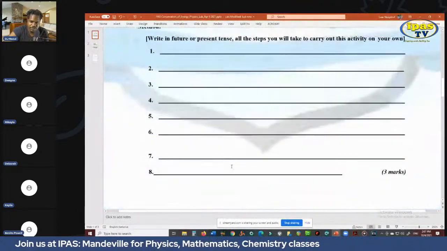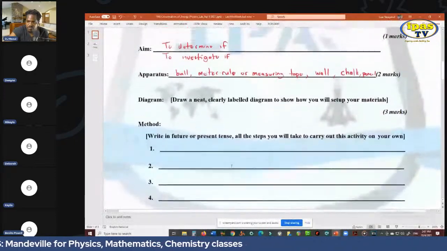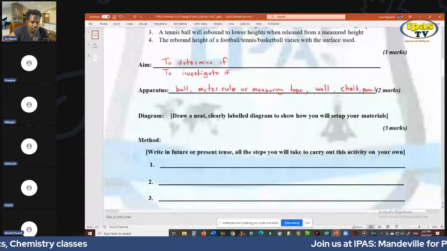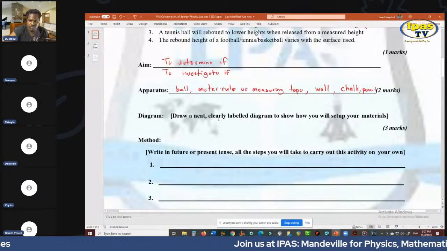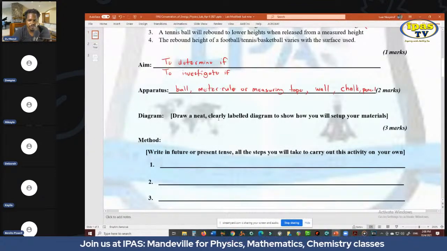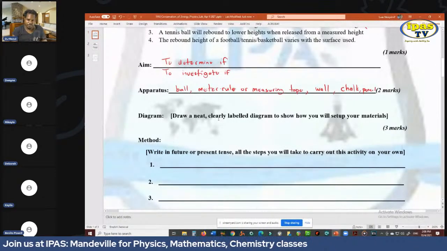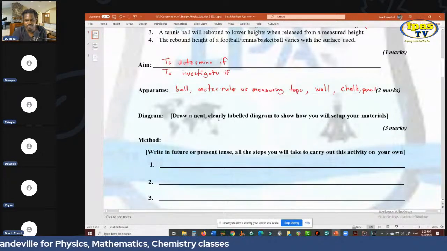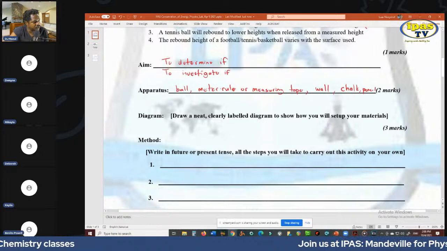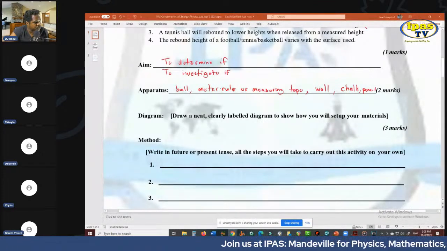Any questions here, guys? No, sir. All right. So guess what? 3 marks for the diagram here. When you draw the diagram, you're supposed to neatly show the equipment that you plan to use and how it's going to be set up.